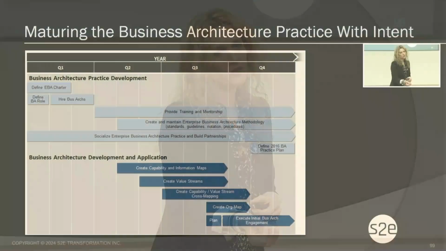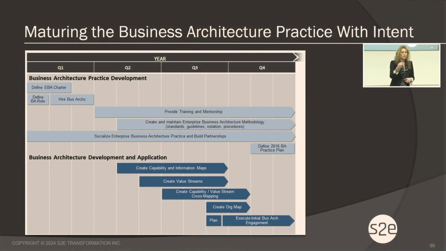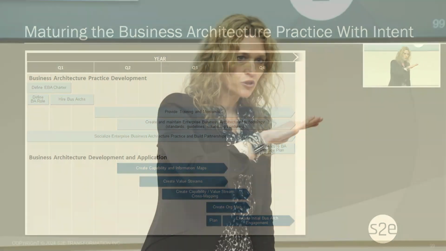The other key thing I'm pointing out here is that you see the three aspects of a practice coming into play again. We have business architecture development and application, and we have practice development on the top. So this is an example for a newer organization. So you can see there's time spent defining charter, hiring people. We're socializing from the very beginning, and we continue doing that. That's always part of what we do.